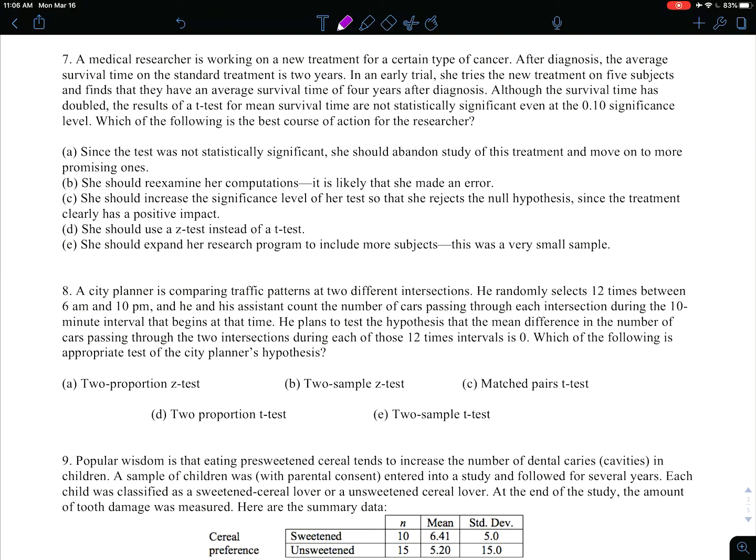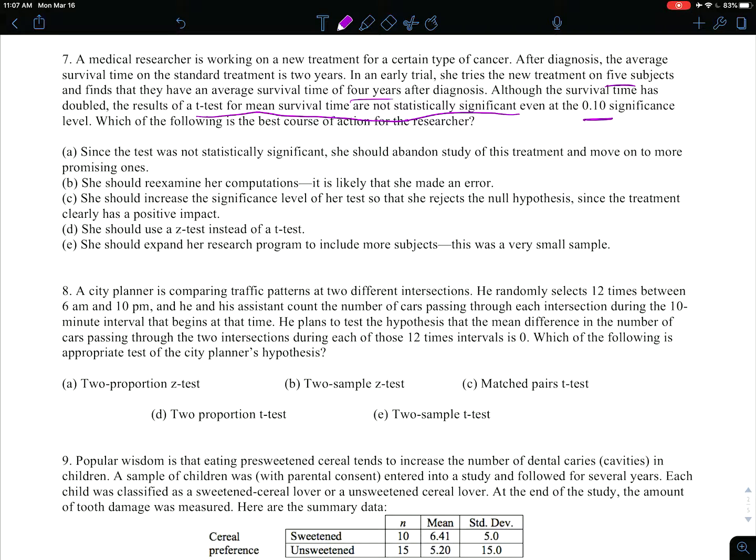Cruising down to number 7. Let's see, where average survival times is 2 years early in the trials. 5 subjects, let's see, find that they have an average survival time of 4 years after the diagnosis. The survival time is double. The results of a t-test for the mean survival time are not statistically significant, even at the 0.1 significance level.